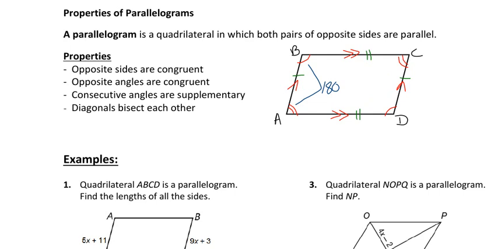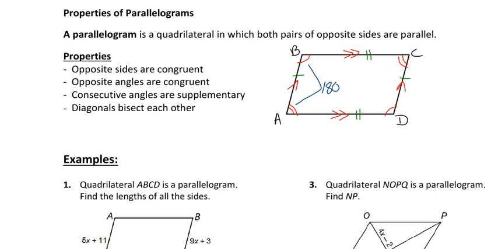And the next one, diagonals bisect each other. A diagonal is a segment that goes from one vertex to the vertex that is opposite to that one. So for example, A and C, if we draw this segment that goes from A to C, that is called a diagonal.